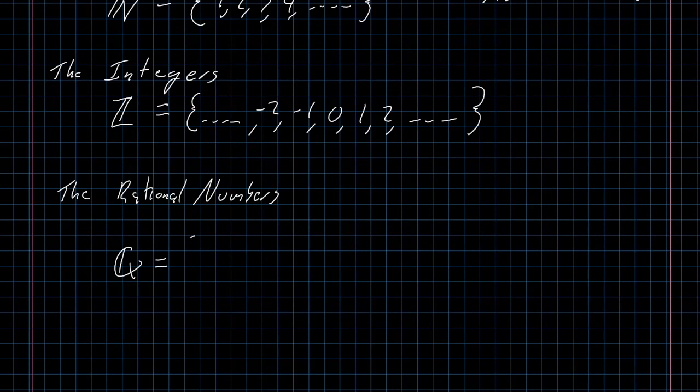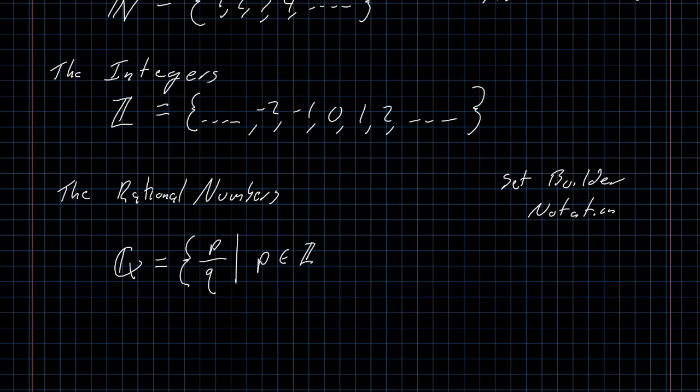And in order to talk about the set of rational numbers, this is usually when you first get introduced to a thing called set builder notation. The rational numbers are the set of all things that can be written as p over q, such that p is an integer and q is an element of the set of natural numbers.